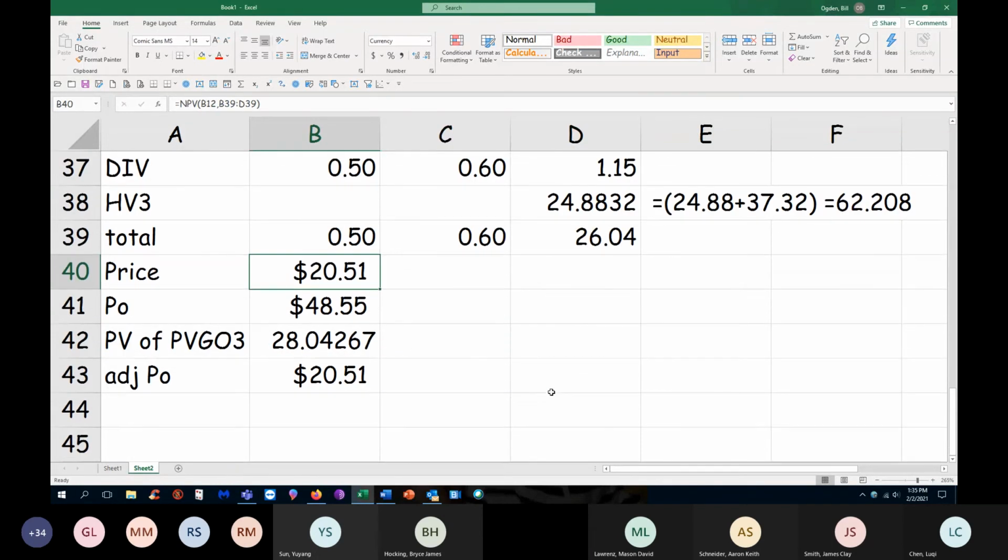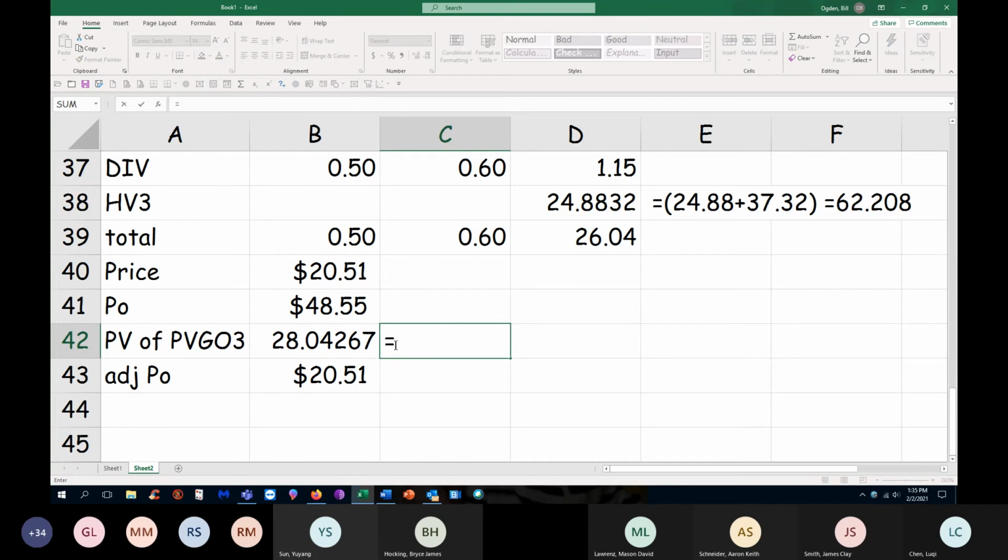All right, the other way I did it was I took the 48.55. Let me do this one for you. It equals 37.32 divided by 1.1 raised to the third. And that's pretty close. Okay, so what am I doing here? I have a cash flow of 37.32, which I will no longer receive because that's the part of the cash flow representing the growth.